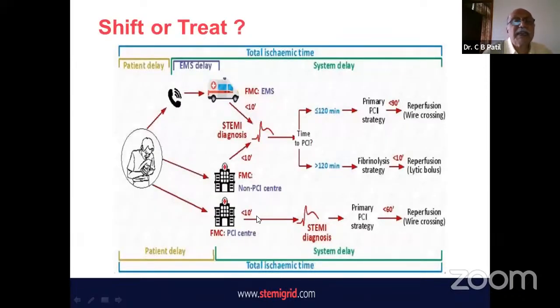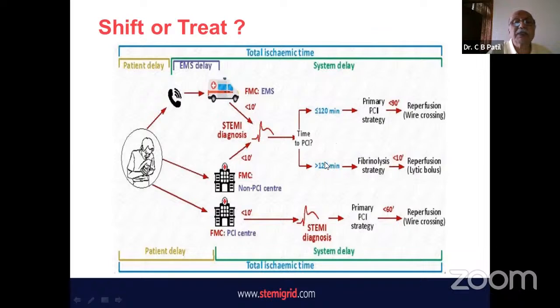That also one should know. So if there is a STEMI diagnosis from the symptom onset, within 10 minutes you should immediately do an ECG and send it to a hub hospital. And if you are in the hub hospital itself, the preferred mode is primary PCI, and wire crossing and achieving the flow should occur in less than 60 minutes.